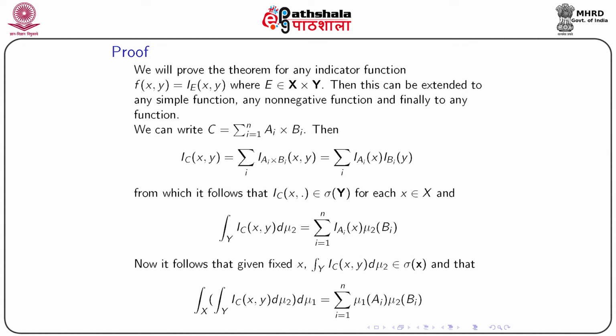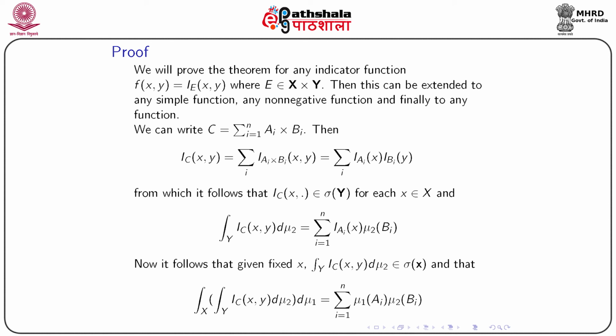First of all, we will try to prove this theorem for any indicator function. Why? Because if we can prove this theorem for any indicator function, then we can prove it for a simple function, because a simple function can be expressed in terms of indicator functions. And if the theorem holds for a simple function, then we can extend this further to a non-negative function, because any non-negative function can be expressed as a limit of a sequence of non-negative, non-decreasing simple functions.